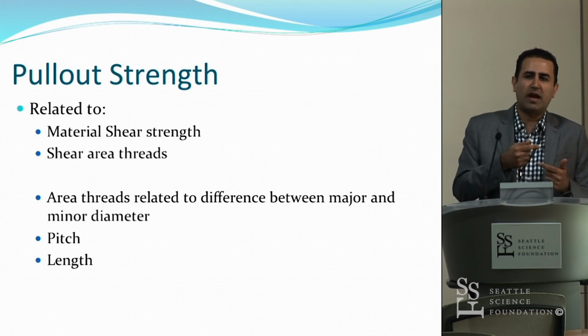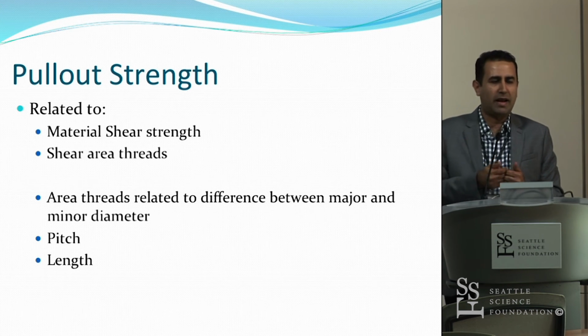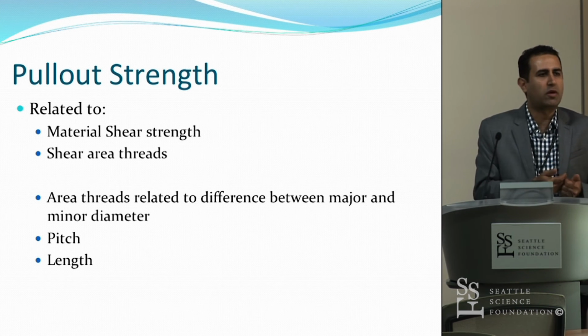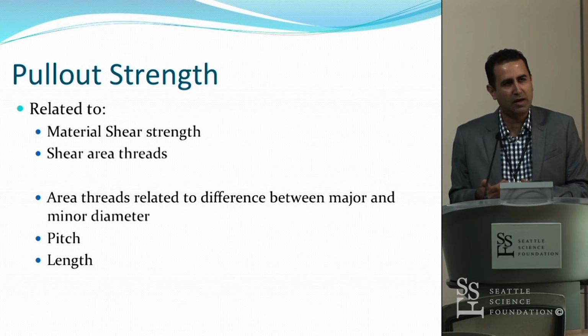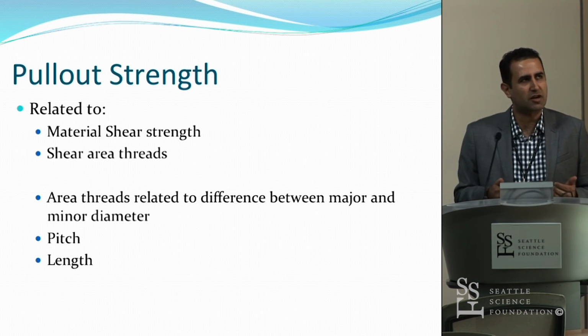And the shear area thread of the screw is important with respect to the amount of total surface area that the bone is exposed to the screw and hence must overcome in order for the screw to be pulled out. Okay? It's an equation basically, and they're a multiplication of each other.